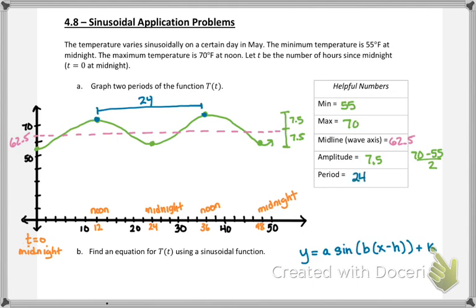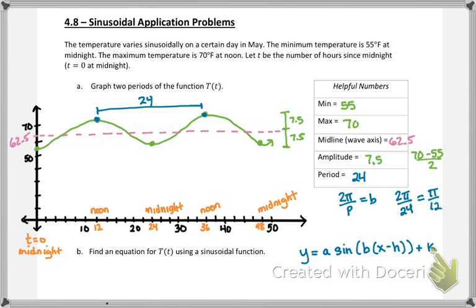My period is 24, and that's going to help me find B, my frequency, because remember the formula, 2 pi over P, 2 pi over my period, will give me my frequency. So 2 pi over 24 is going to give me pi over 12.